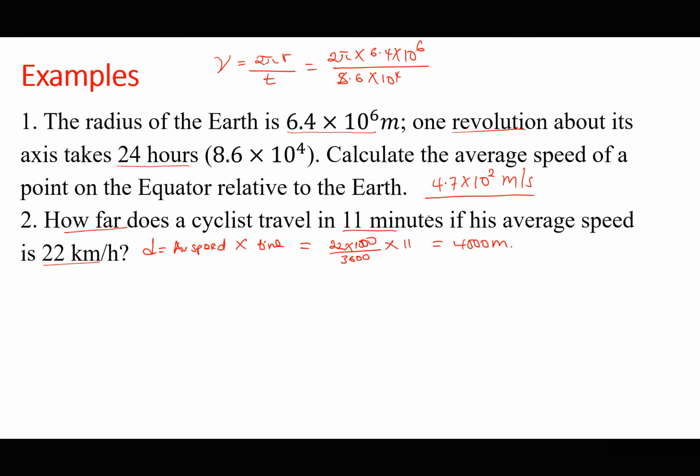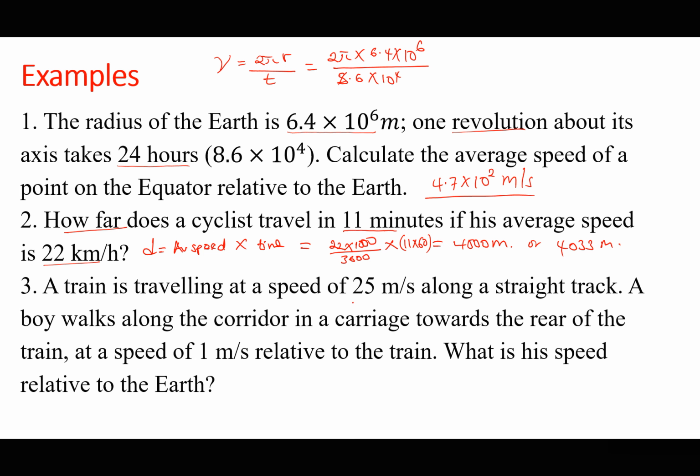Oh, this is in minutes, so I multiply this by 60 to change it to seconds. So I got 4033. If you want, you can write 4033 meters, but it's approximately 4,000 meters.